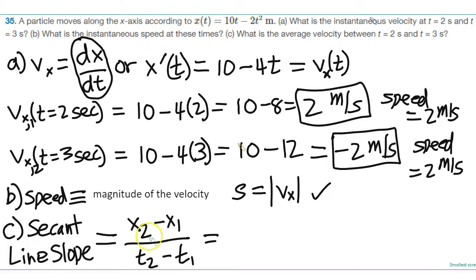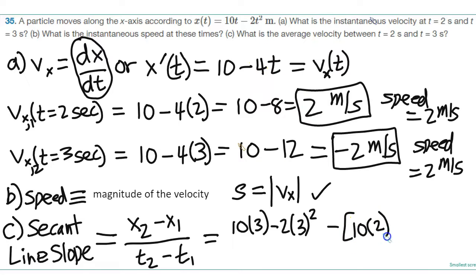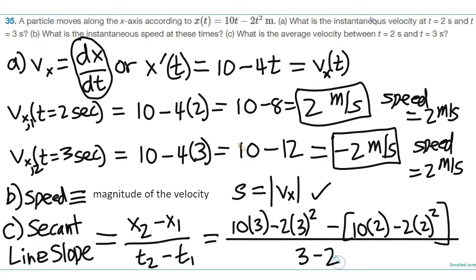So x2 is going to be the original function with time as 3 seconds plugged in. So that's 10 times 3 minus 2 times 3 squared. And then that whole thing minus, and I'll put this in brackets, 10 times 2 minus 2 times 2 squared, divided by 3 minus 2.